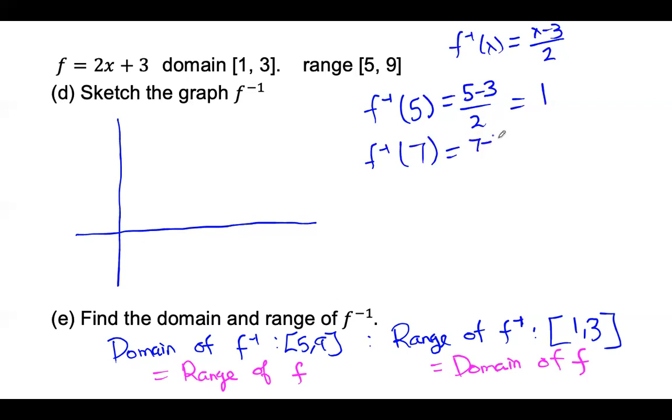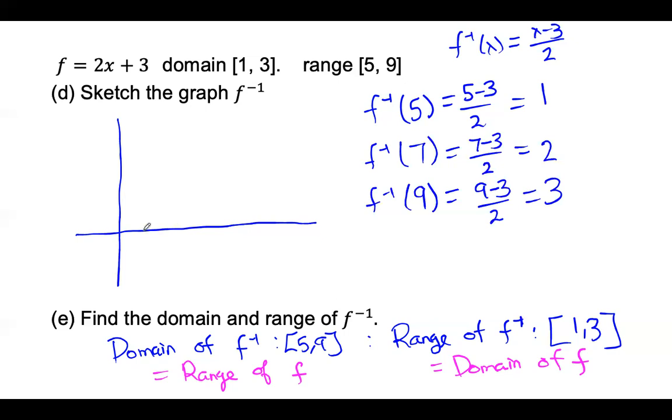So 7 minus 3 divided by 2 is 4 over 2, so 2. And the inverse of, let's say, 9, gives 3.